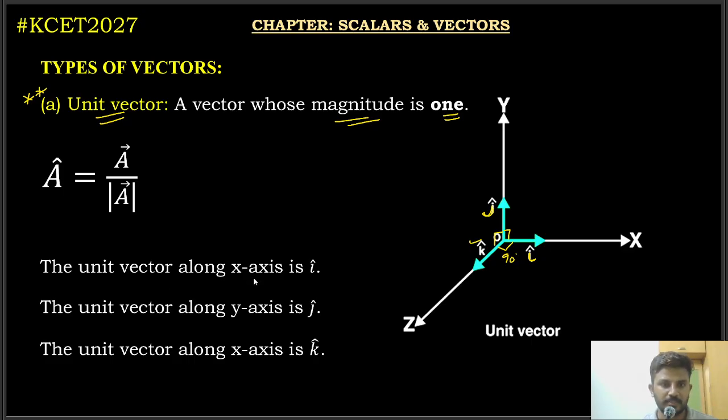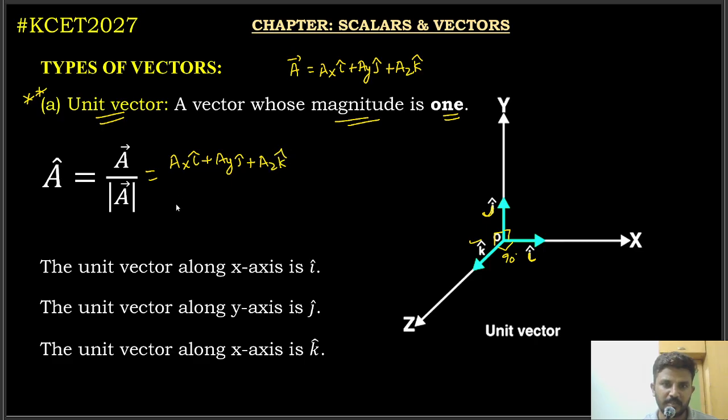Clear? Now, for example, a vector A is given. How do we find the magnitude of vector A? Let's consider vector A is ax i cap plus ay j cap plus az k cap.